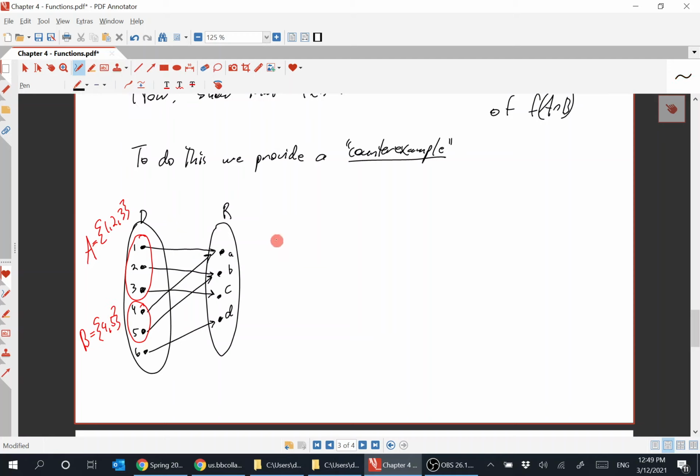Right? So in this case, A intersection B is what? Empty. It is the empty set. So the image of the empty set is just what, by definition?